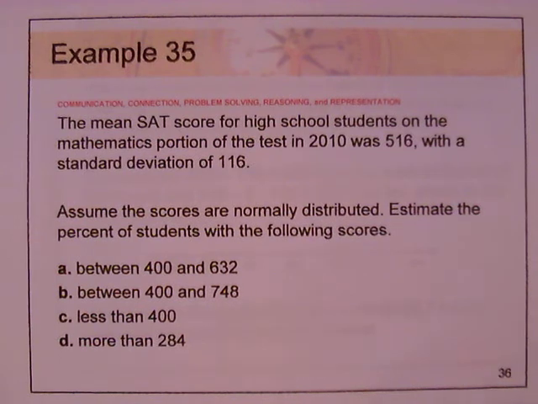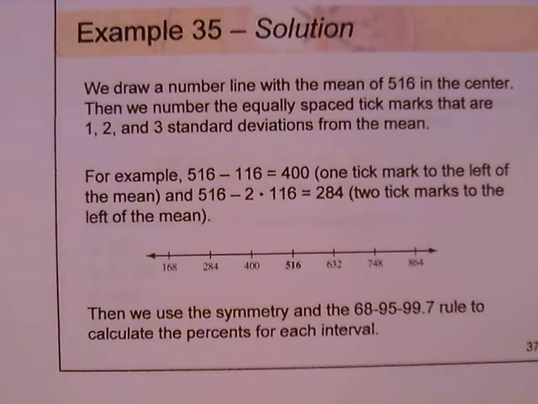So here, we're going to draw a number line with the mean of 516 in the center. And then we number the equally spaced tick marks that are 1, 2, and 3 standard deviations from the mean. So that 516 is going to be in the middle.